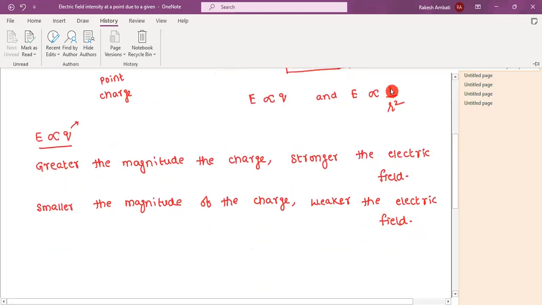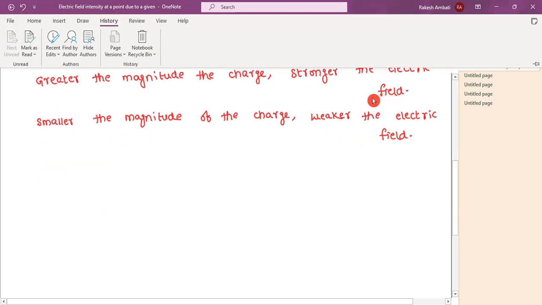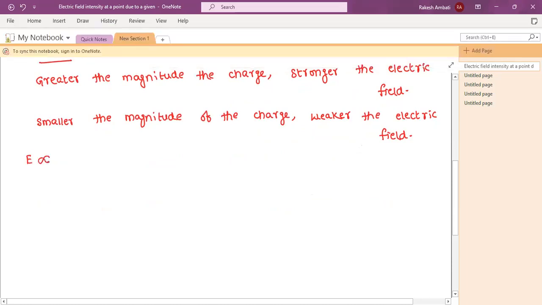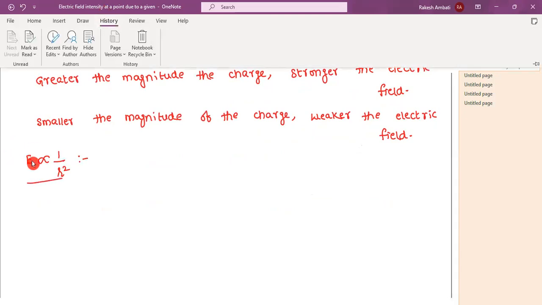The next important point is E proportional to 1 upon R square. That means the electric field intensity is inversely proportional to the square of the distance.